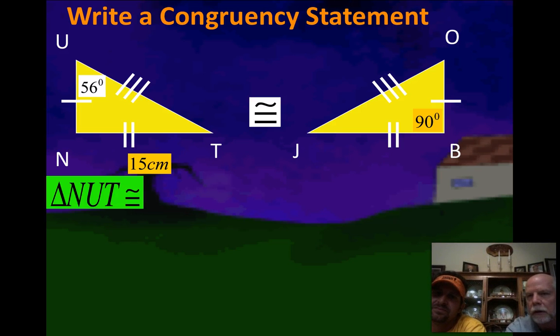Well, it would be angle B, because if you just flip this triangle over and land on that one, angle B would land on angle N. U is up there at the top, and so again, when you flip that triangle over, O is going to come over here and land on U. And then the J just flips over quickly right onto T. And so the order would be B landing on N, O landing on U, J landing on T. So it would be BOJ is the correct order of that congruent statement based on this diagram.